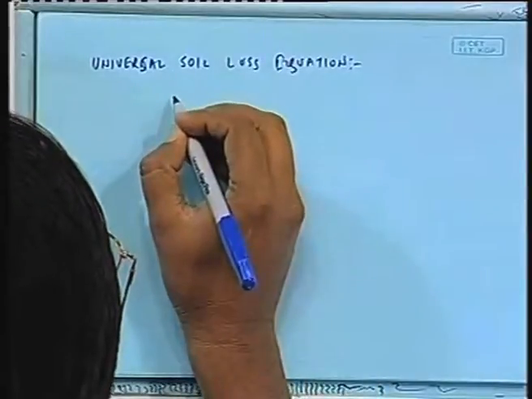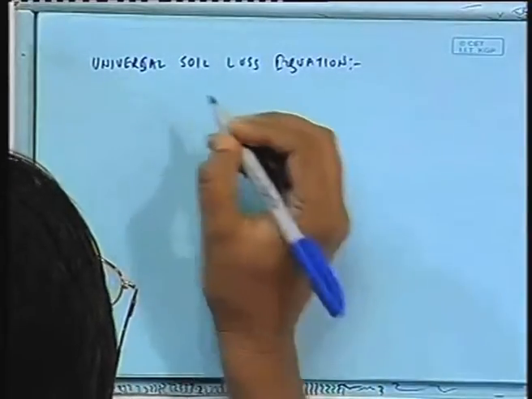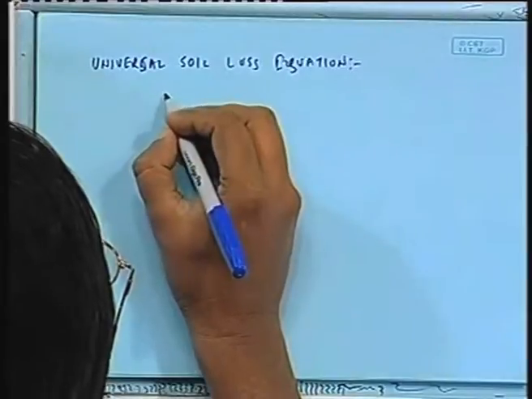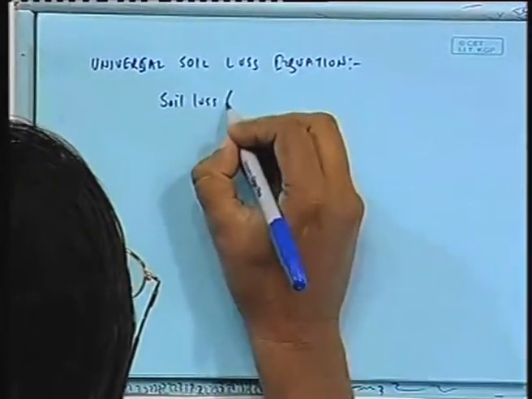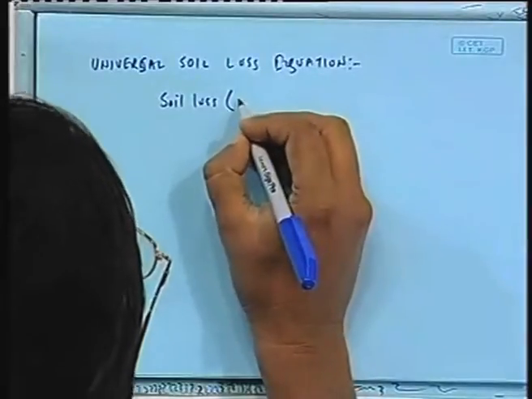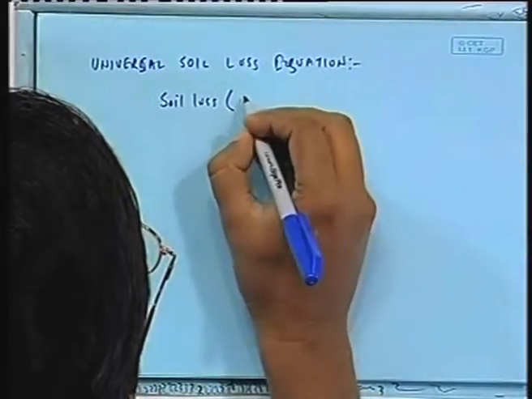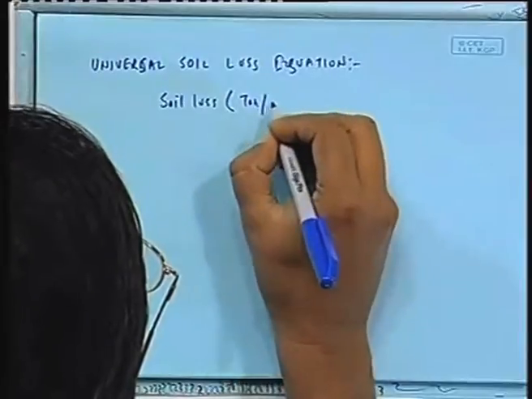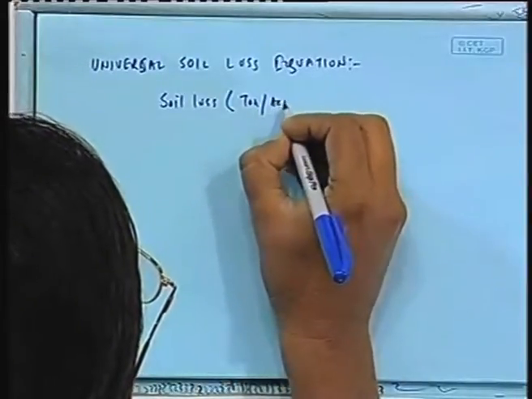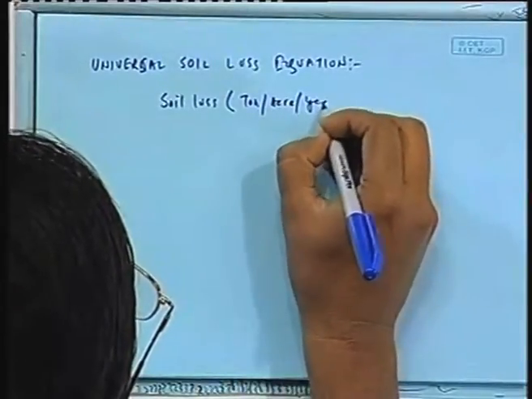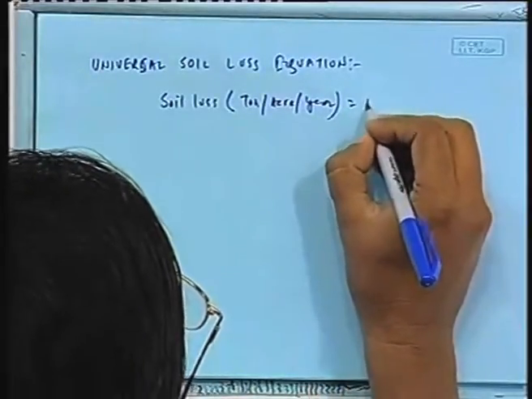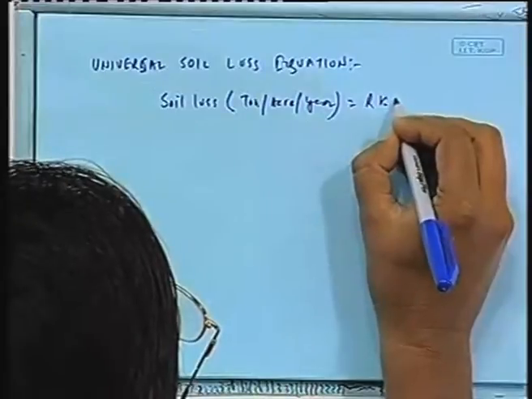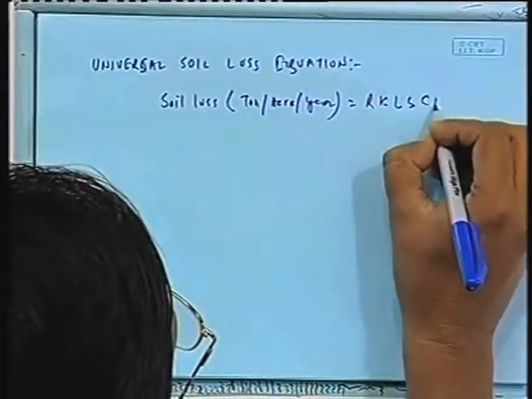We said that in any case we can estimate the soil loss in tons per acre per year by multiplication of a number of factors: R, K, L, S, C, P.